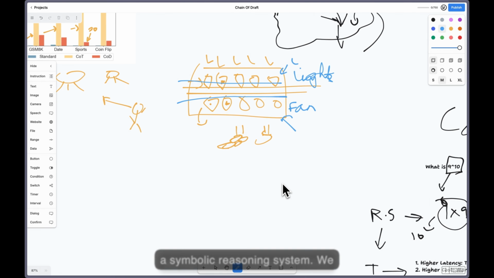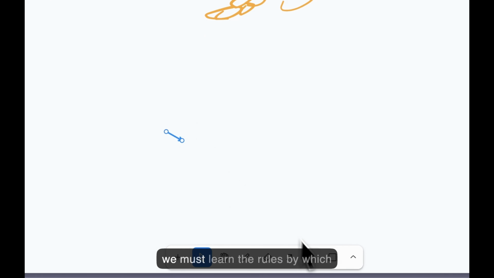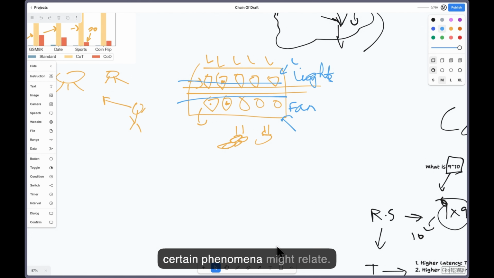We as humans must learn the rules by which certain phenomena might relate, and then we will have to hard code those relationships into a static program. This is how a very small, obviously, symbolic reasoning system would be made.